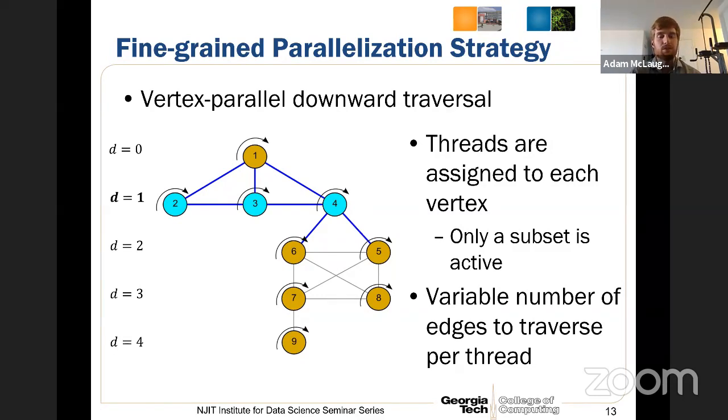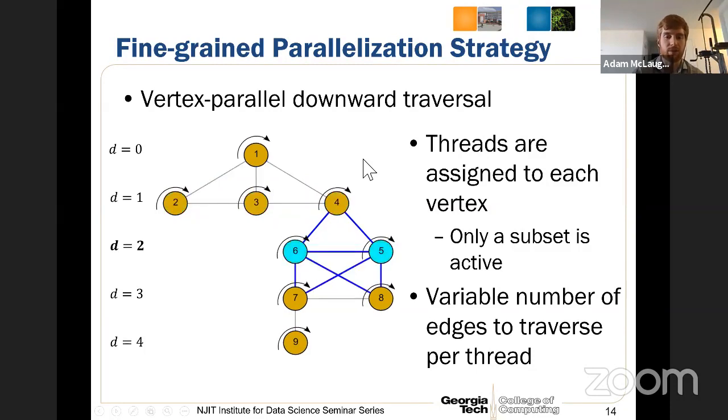So you could have a massive load imbalance because you have one thread here that's doing 4 pieces of work and another thread here that's doing 2 pieces of work. Well, for a scale-free graph, that could be 1,000,000 to 1 or even worse. So you have this massive critical path for the thread that has the largest amount of work. So it's an easy way to write it up, but it's not the most efficient way.